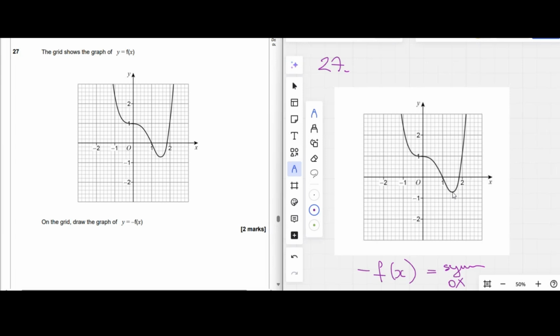So let's try with this somewhere here, and that point of intersection will stay the same. So here it will go somewhere there and go back to this. Then it should go there. And then it will bend and go there.